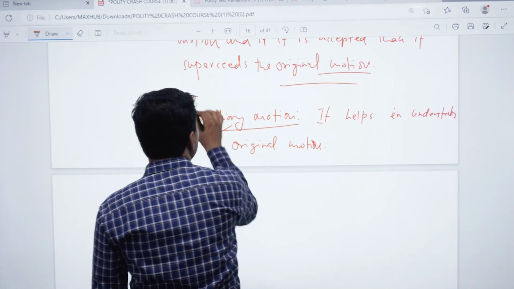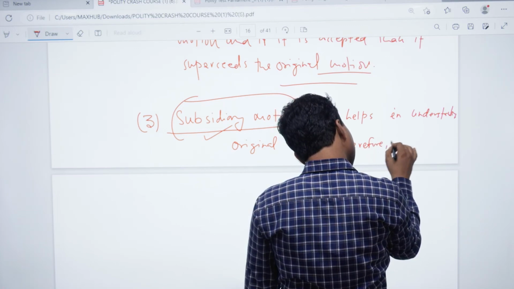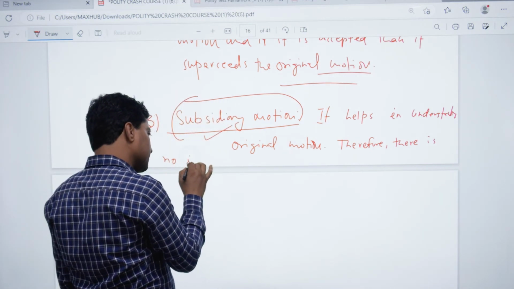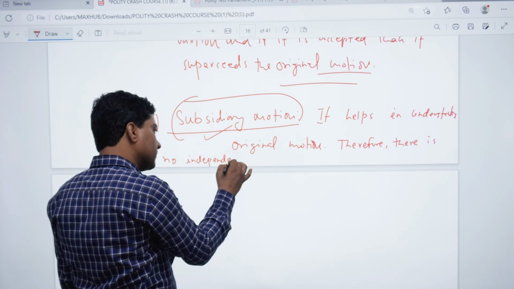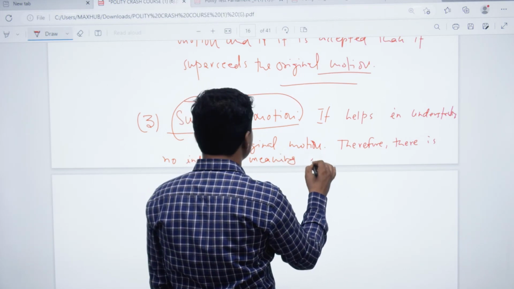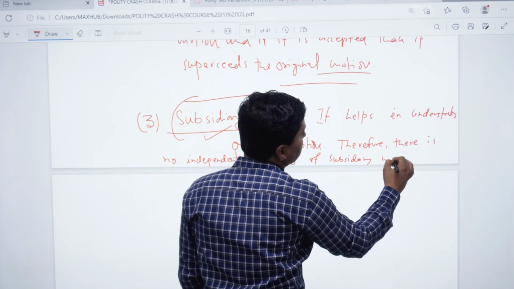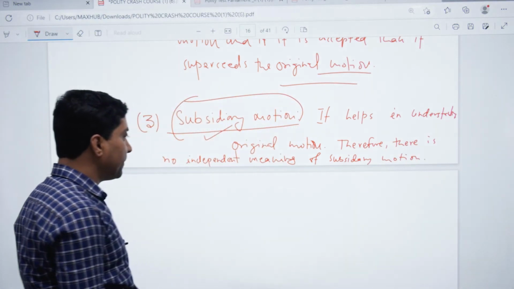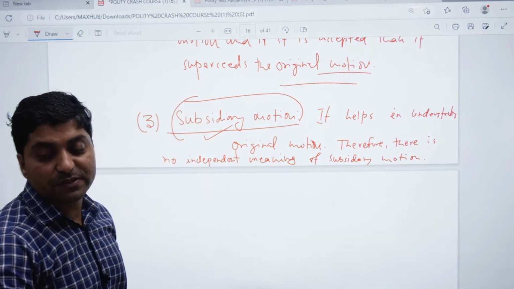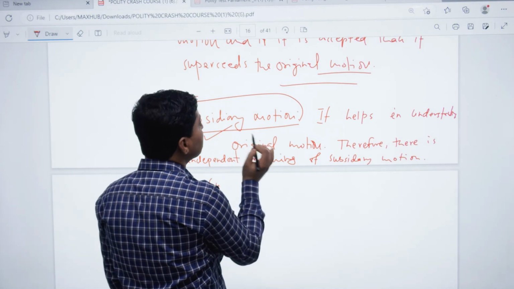Right, and therefore there is no independent meaning of subsidiary motion, right? Now if I say that further subsidiary motion has been categorized into three parts. There are three types of subsidiary motion.